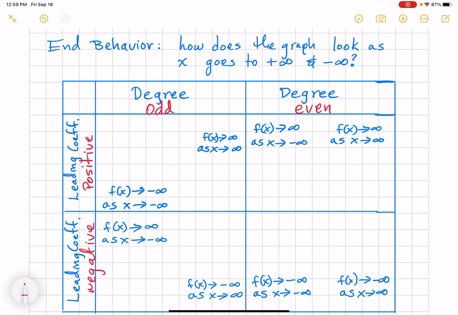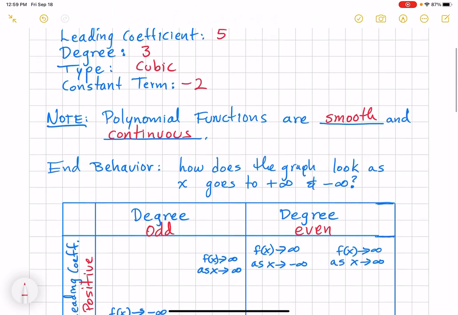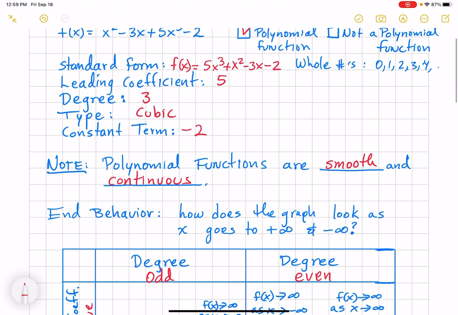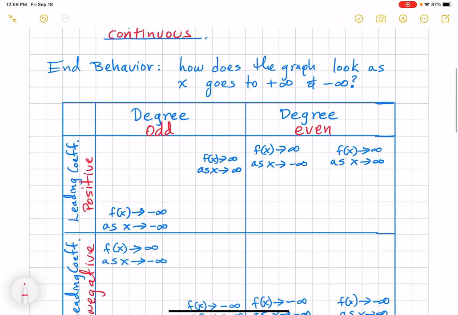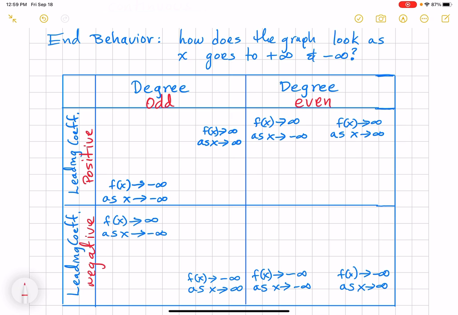What determines how the function behaves is basically two important parts, the leading coefficient and the degree. Those two things we're going to use to figure out the end behavior of a graph.